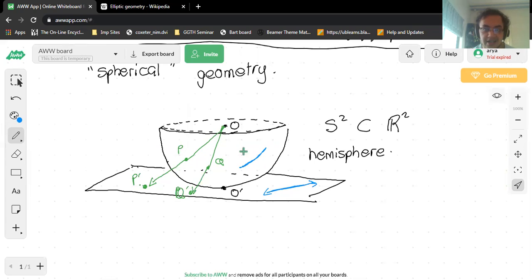So basically there is a plane joining O and this line L. That plane will intersect the hemisphere, and that will give you an arc of a great circle.